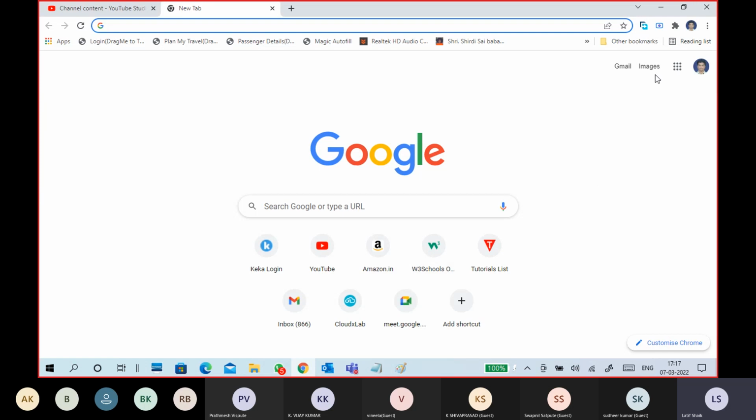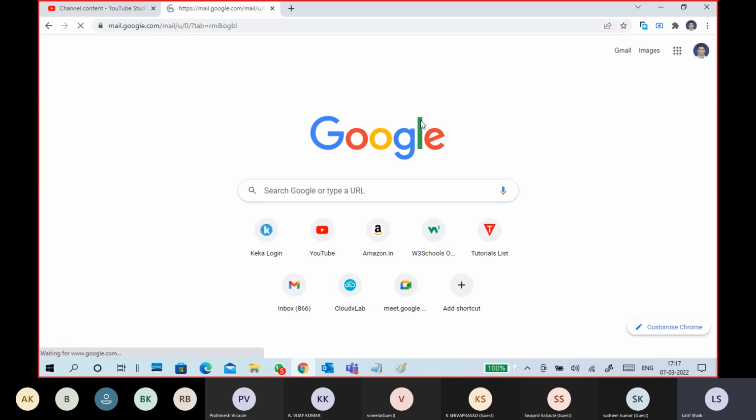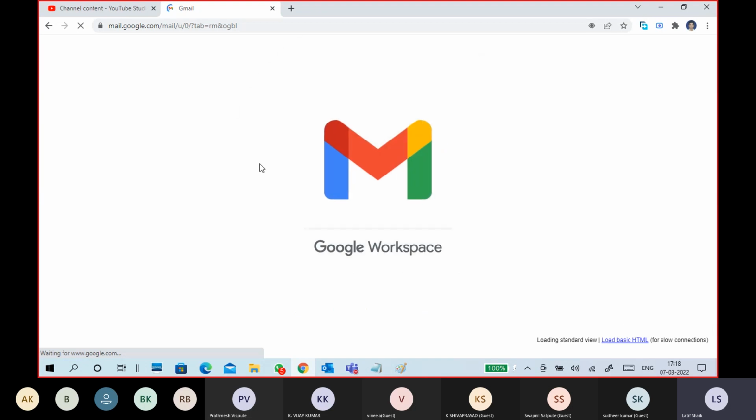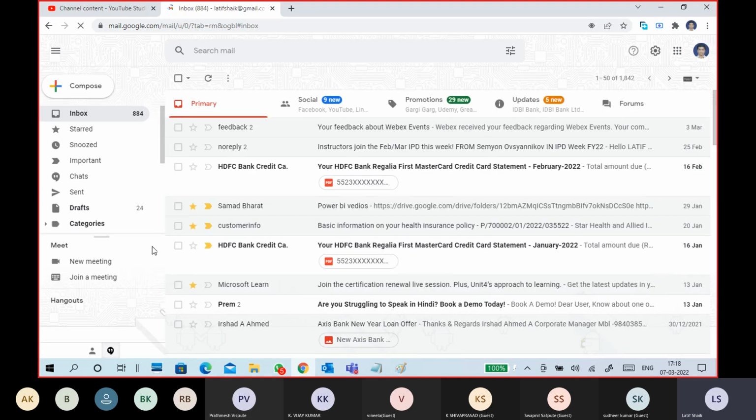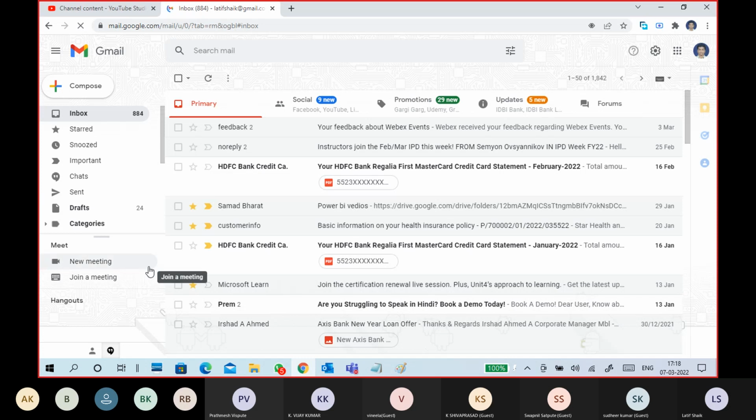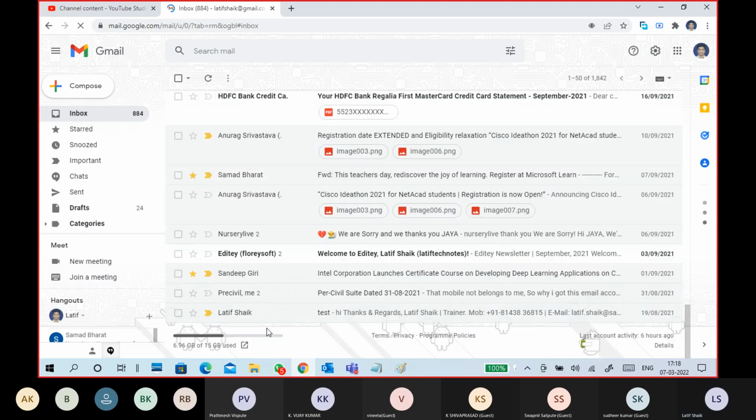Gmail is also okay. Google Drive, I just closed that one, right? So look at this Google Drive. When I go to my Gmail or Google Drive, you can see it. Go to the bottom, it shows 9.6 GB out of 15 GB used. It is okay going on.